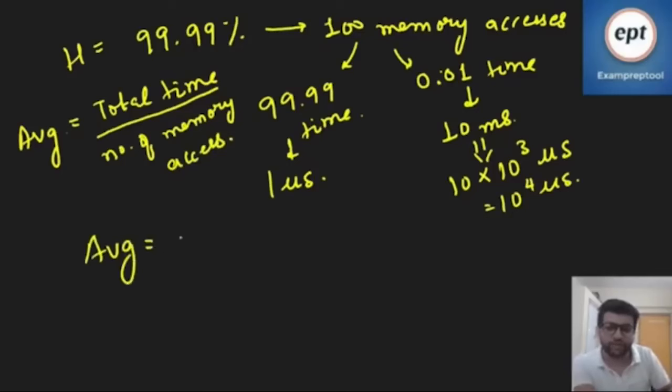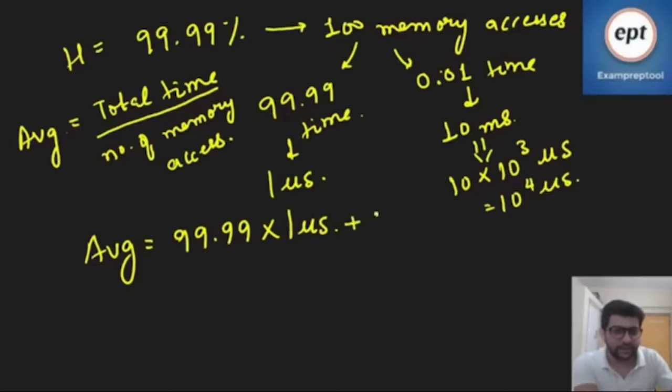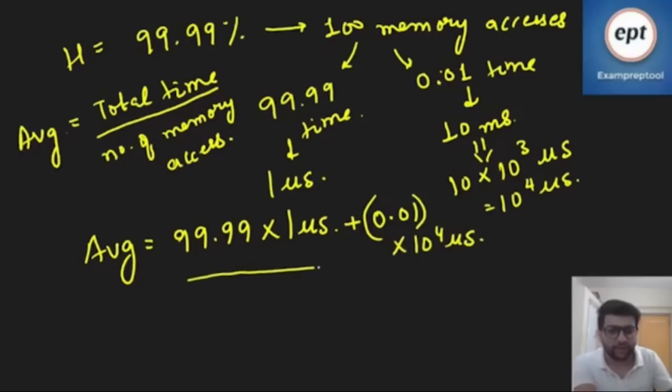So how can we calculate the average? The average will be equal to 99.99 into 1 microsecond, so it took around this much time when we had a hit, plus 0.01 times it took 10 power 4 microseconds. And what was the total number of memory accesses? It was 100, right?